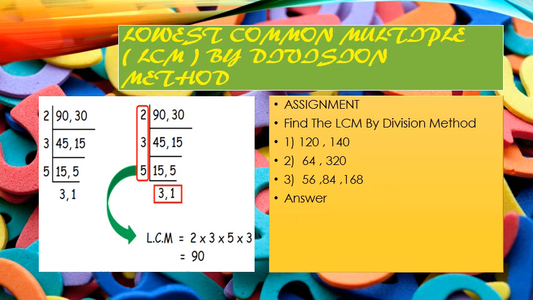Once you finish doing it, you can check the answers. The first one, the LCM is 840. In the second case, it is 320. And in the third case, it is 168.